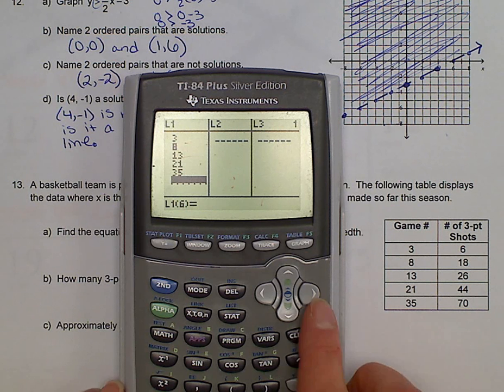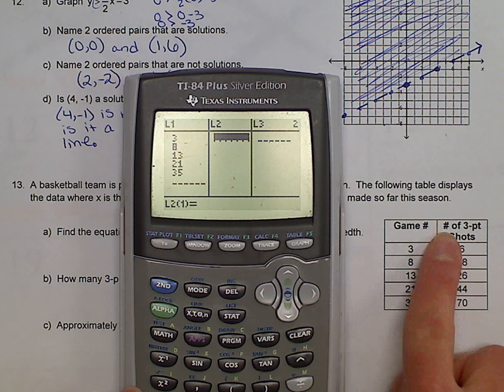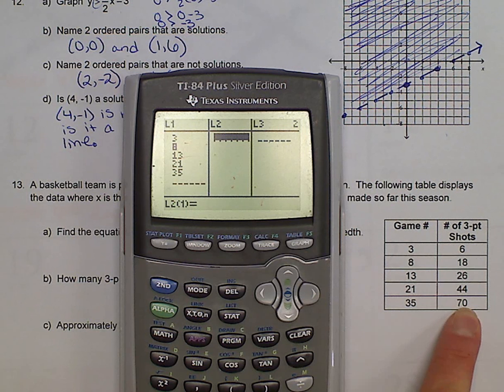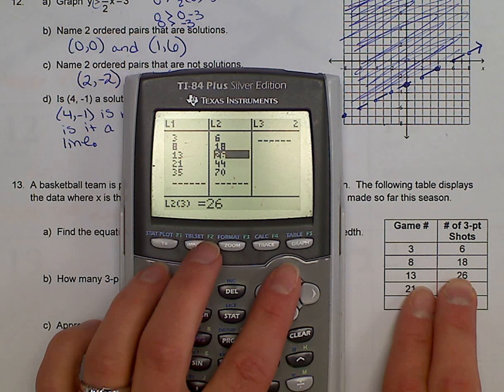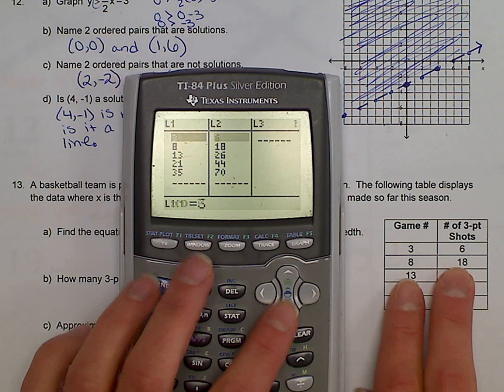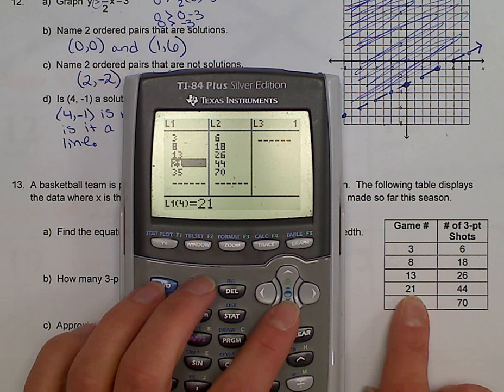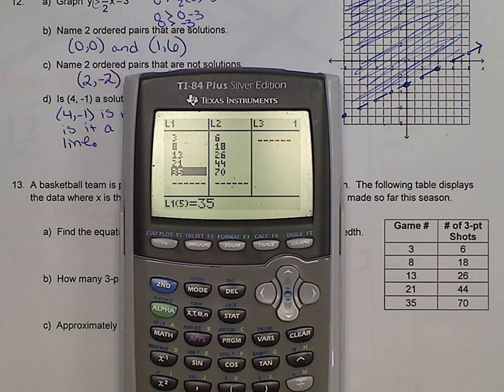Then I'm going to go over to the number of three-point shots and enter them into my list 2. So 6, 18, 26, 44, and 70. Always double check every data entry that you enter. One number off is going to affect your line of best fit.